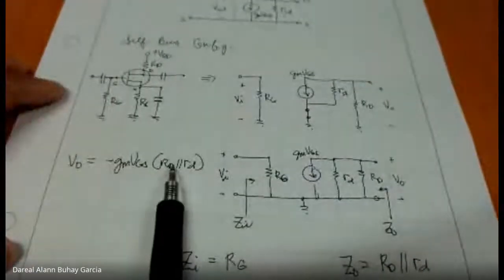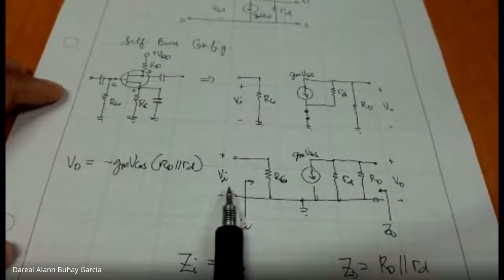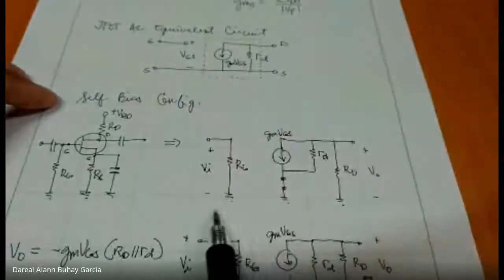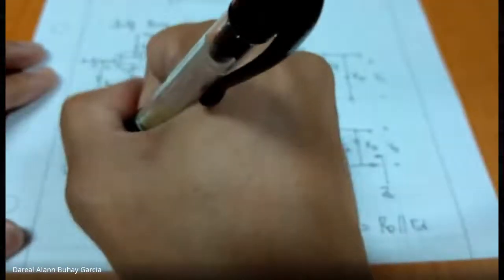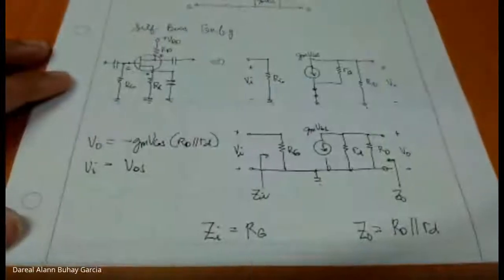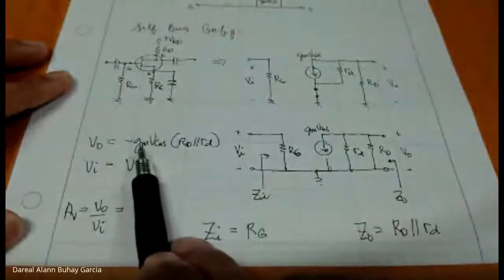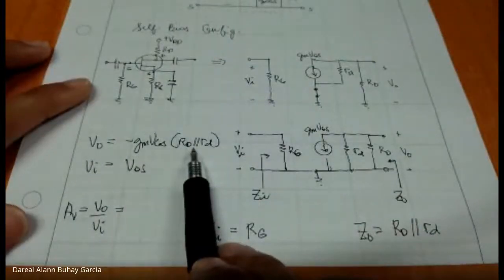Ang expression sa VO. Ang expression sa VI is equal to VGS. No? VI is simply VGS. Therefore, voltage gain is equal to VO over VI, output over input, is equal to, cancel ang VGS, negative gm times RD parallel rd.